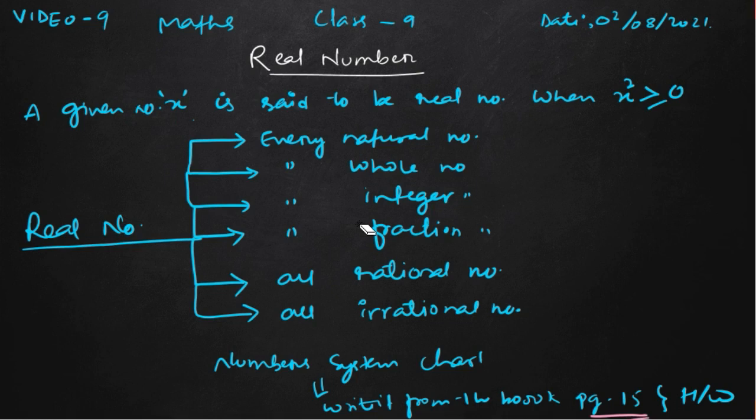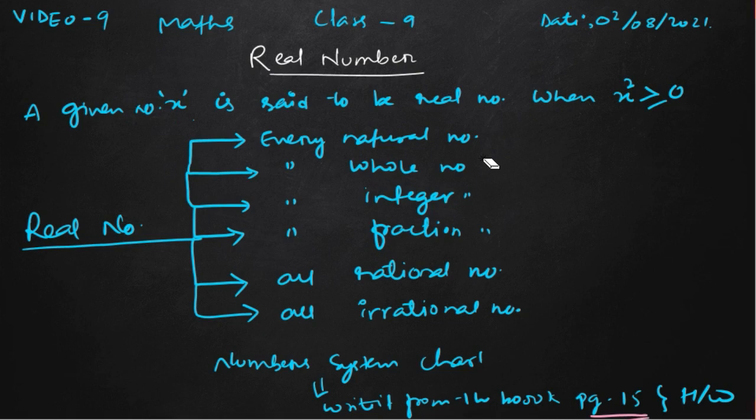In fractions, the numerator and denominator are natural numbers. Decimals are those which are recurring or terminating. Recurring means the remainder repeats infinitely, while terminating means after a finite number of steps we get the remainder 0.